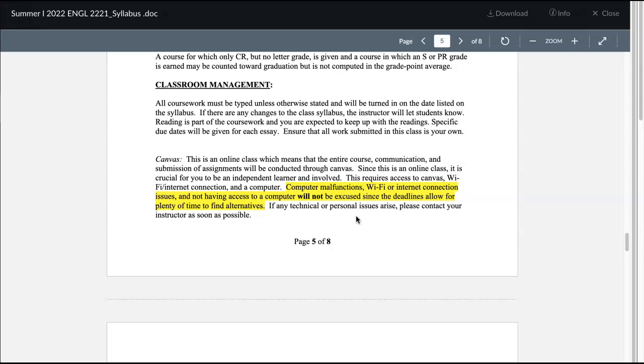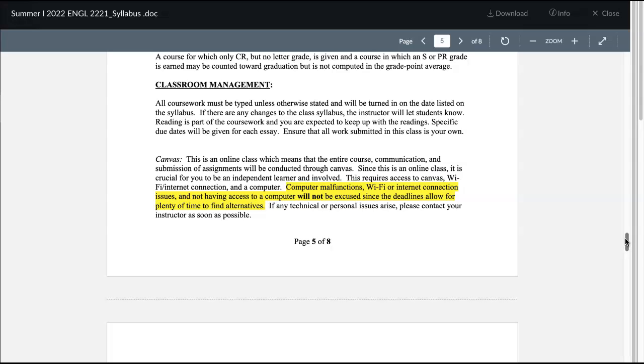Also, having to work, a lot of those things DACC does not accept as excused absences. So there's only so much that I can do on my part to allow you to make up certain assignments because of computer malfunctions, Wi-Fi issues, or because of work or anything like that. So you want to make sure that you have reliable access to internet connection.